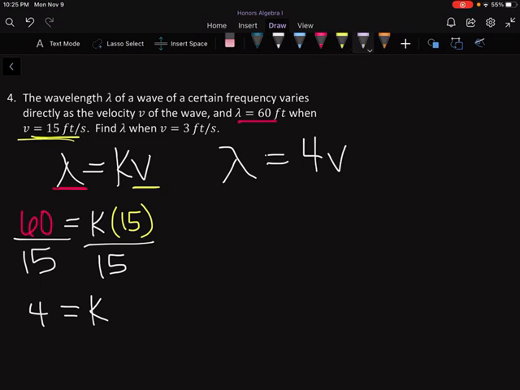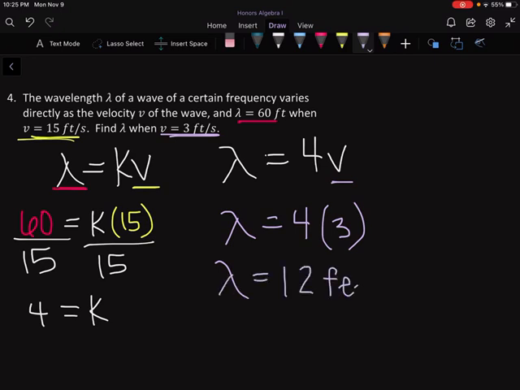So we just plug in 3 feet per second for velocity. 12 feet would be the wavelength.